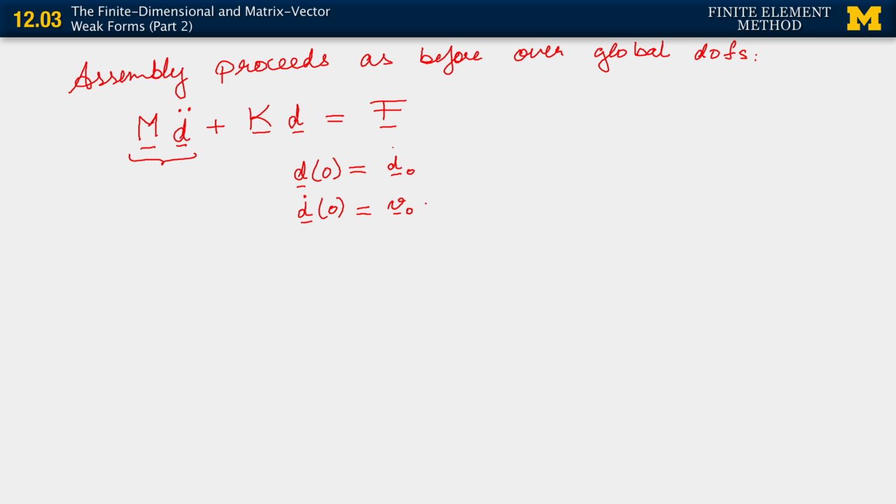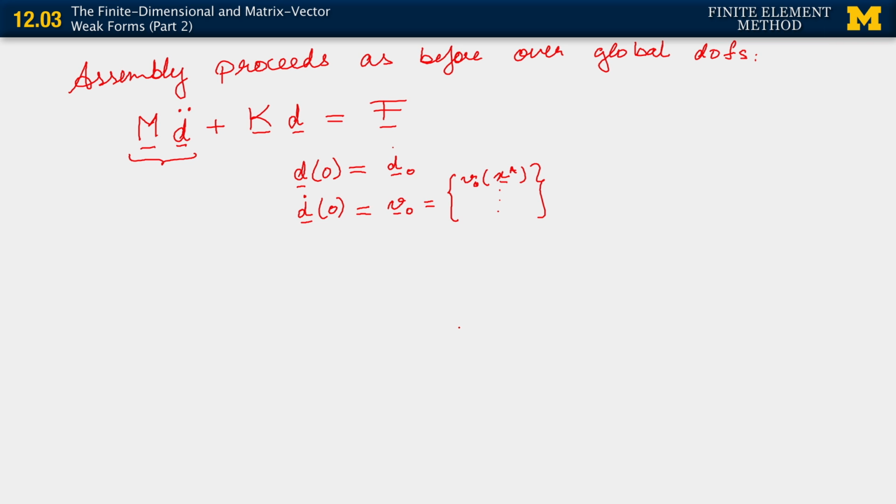And V naught, you remember, is simply the value of the function V naught at points x a, for every single degree of freedom a, because the initial condition has to be specified over the entire vector D. This is essentially it.